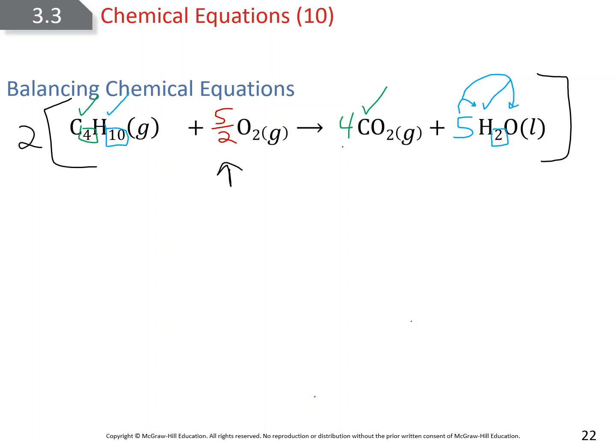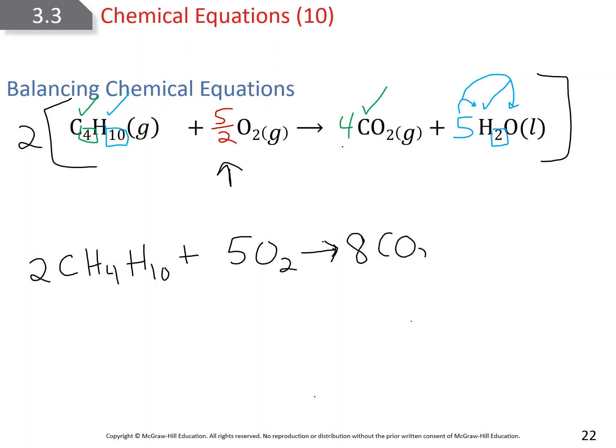And this 2 will apply to every single compound in the reaction. So I will wind up with 2C4H10. I'm going to ignore writing the states for just a moment. 13O2 yields 8 CO2, because 2 times 4 is 8, plus 10 H2O.